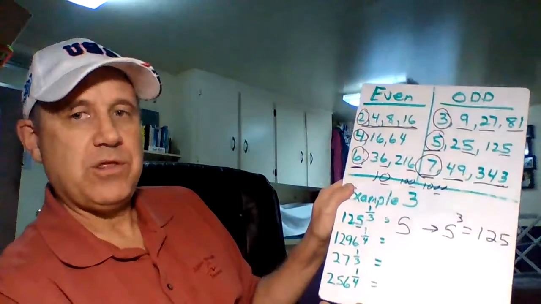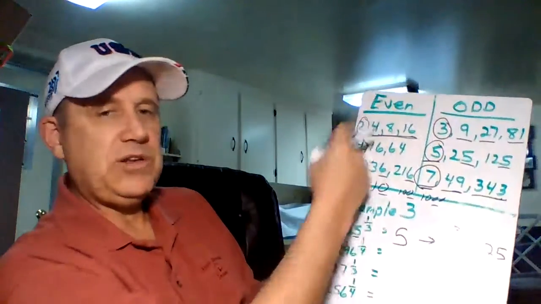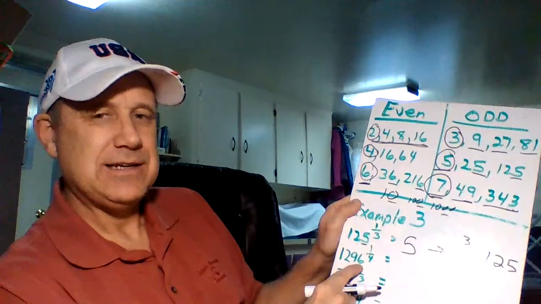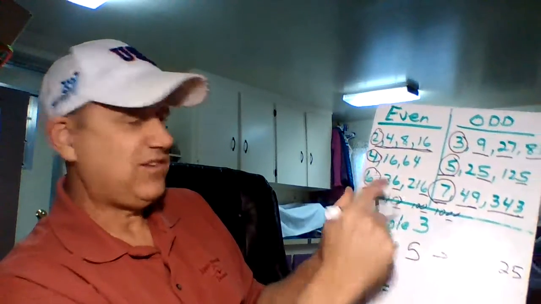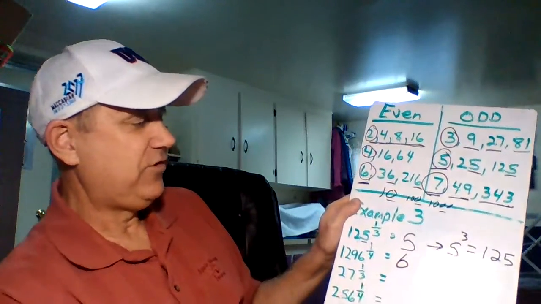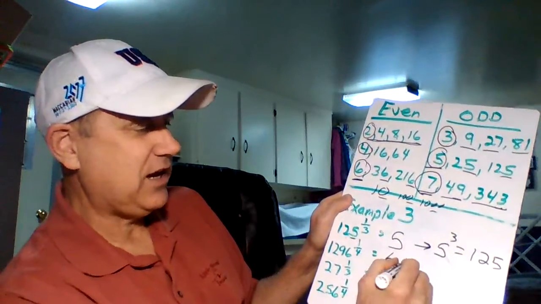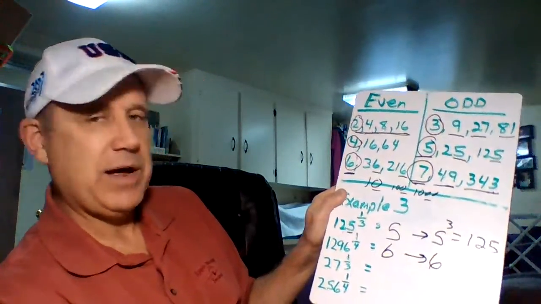1296 to the 1/4. What rule did we talk about up here? If it ends in a 6, 6 is going to be my base. So the fourth root of 1296 is 6 because 6 to the what power?